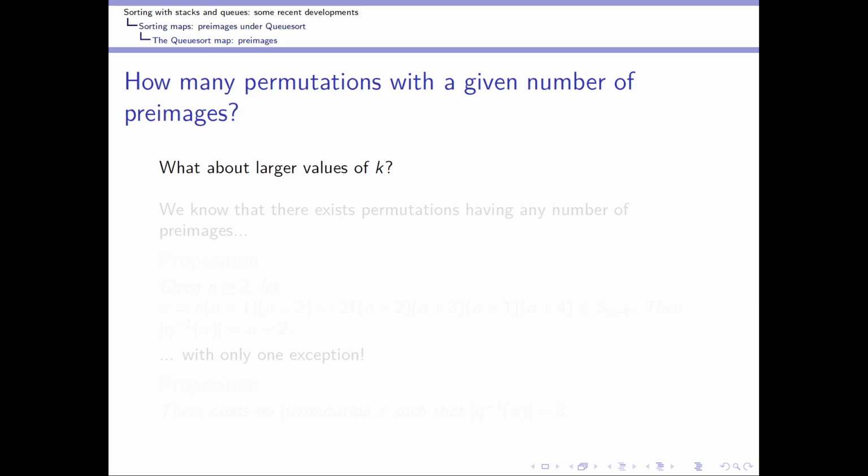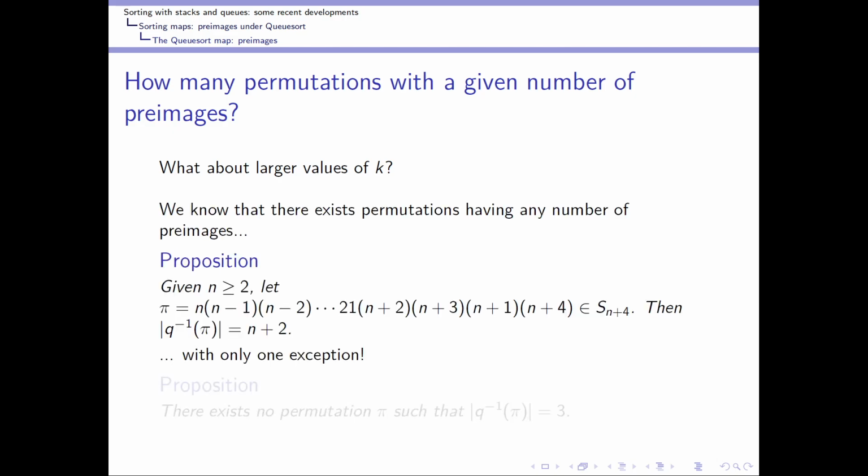So up to now, we know that when k is equal to 0, 1, and 2, there are permutations having 0, 1, or 2 preimages. We also have this proposition which says that if pi is this specific permutation of length n plus 4, then this permutation has precisely n plus 2 preimages. And this holds for n greater than or equal to 2.